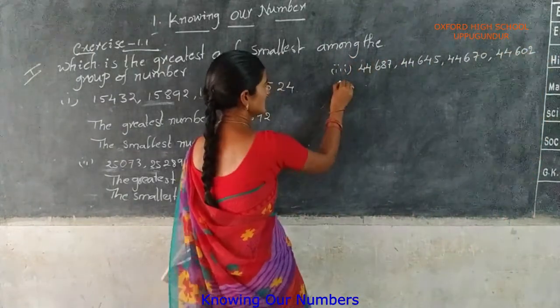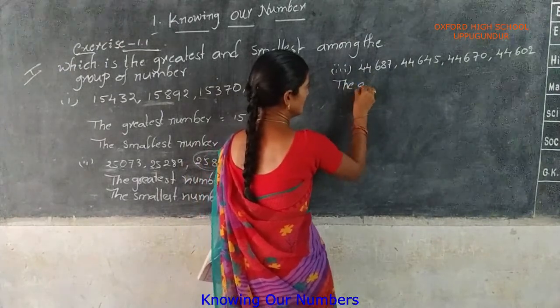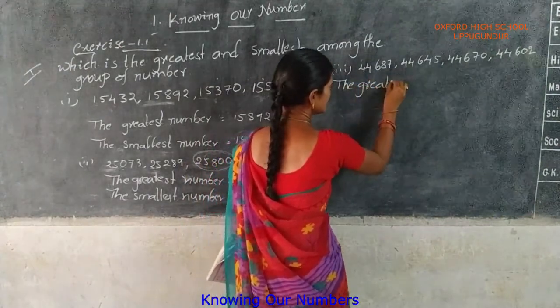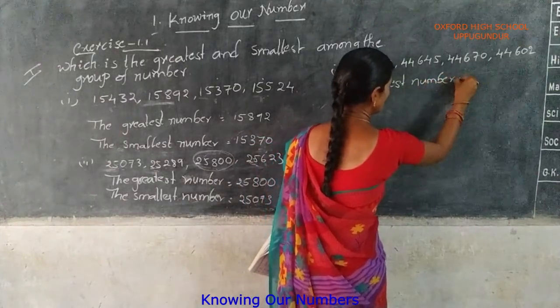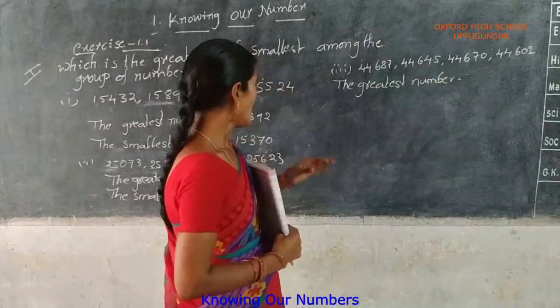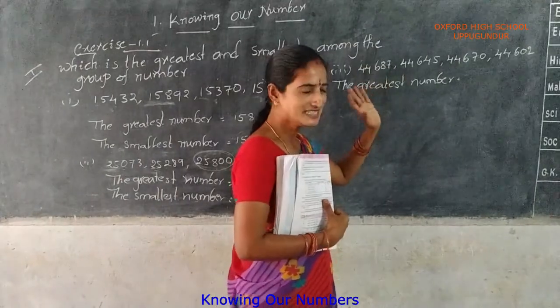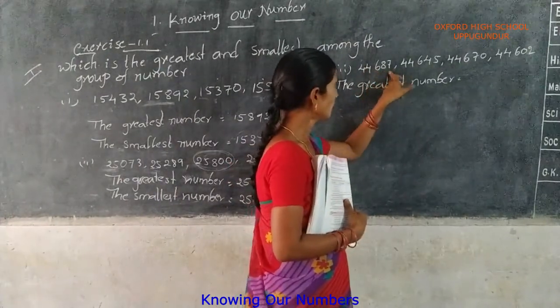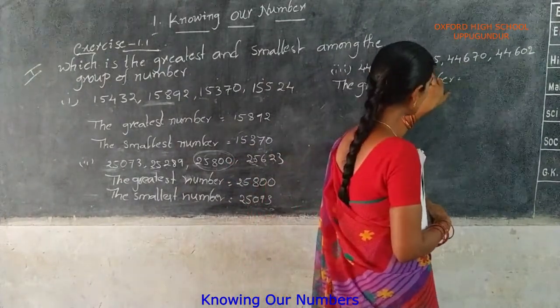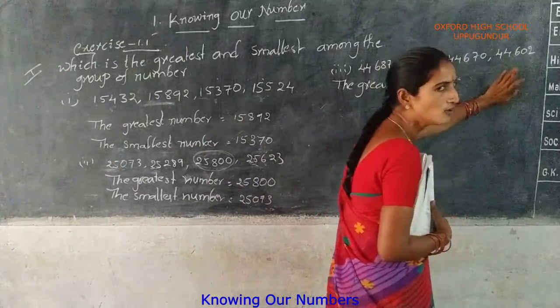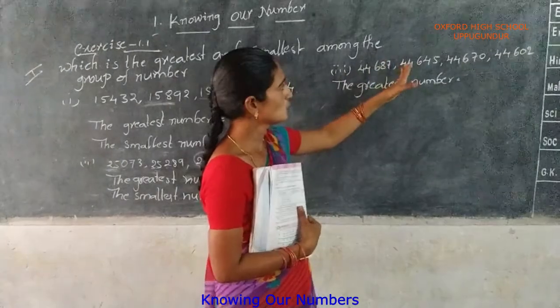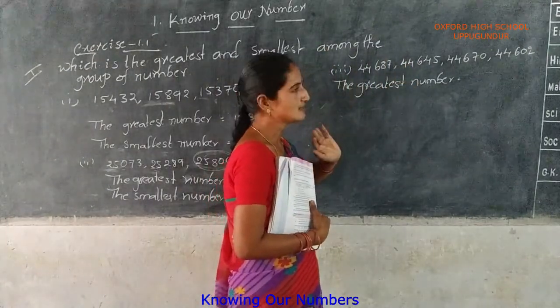The greatest number is, as usual, first how many digits? 1, 2, 3, 4, 5 digits. These numbers are also 5 digit numbers, so the digits are the same.